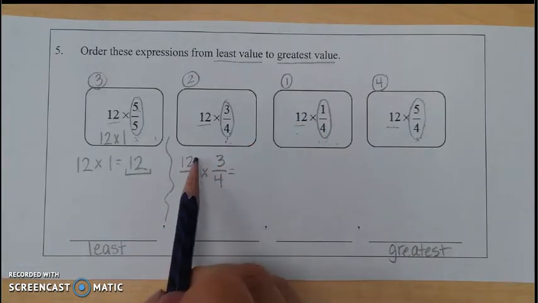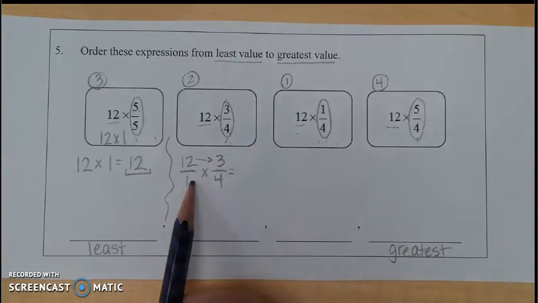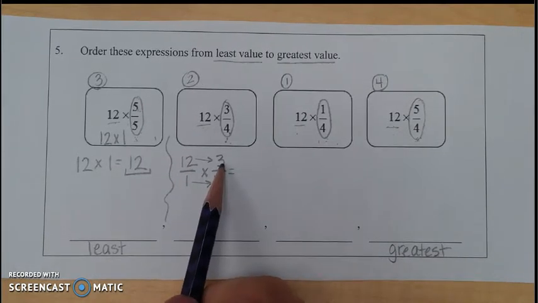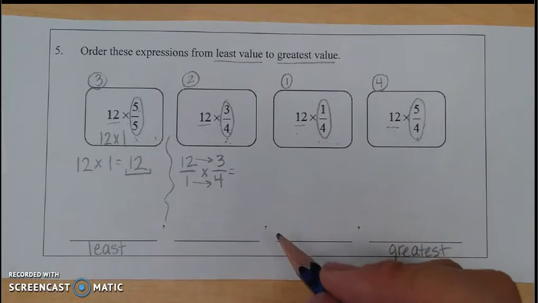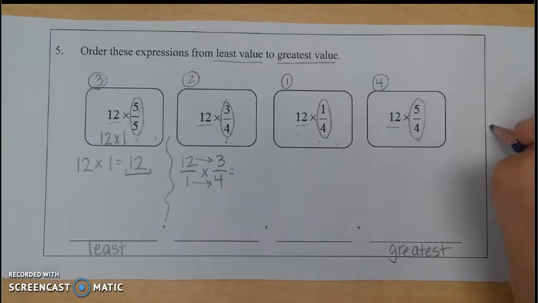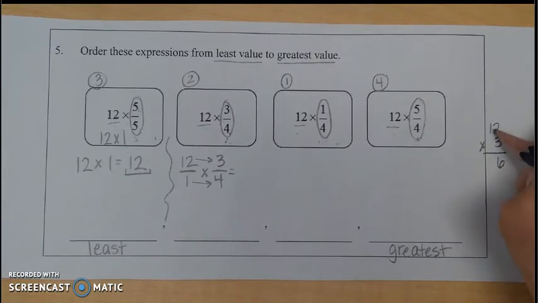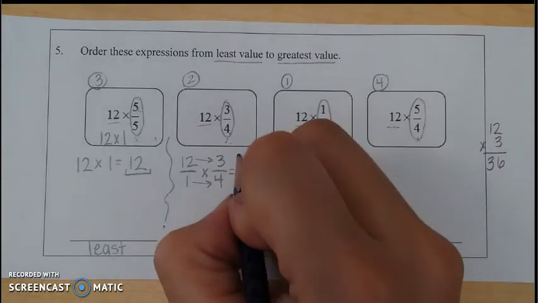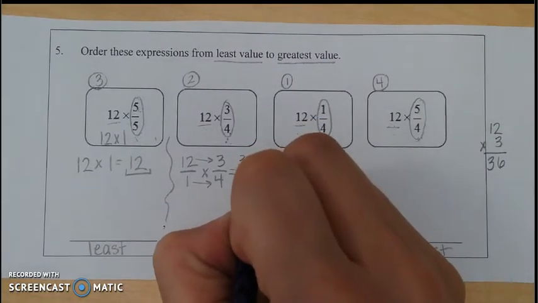When you multiply fractions, you multiply the numerator straight across and the denominator straight across. 12 times 3. If the student isn't sure what 12 times 3 is, I recommend that they work it out on the side of their paper. 3 times 2 is 6. 3 times 1 is 3. So 12 times 3 is 36. So the numerator is going to be 36.